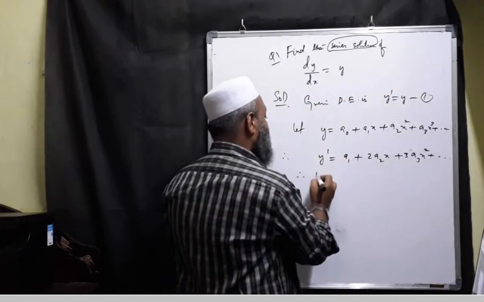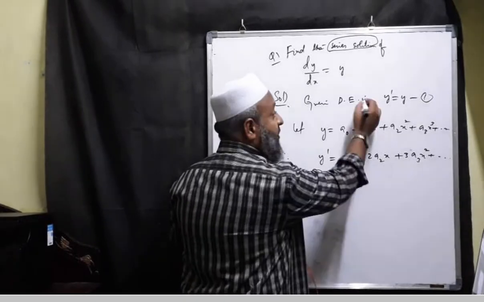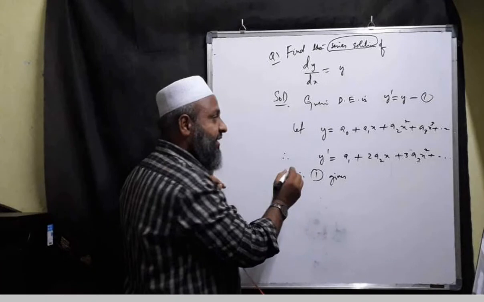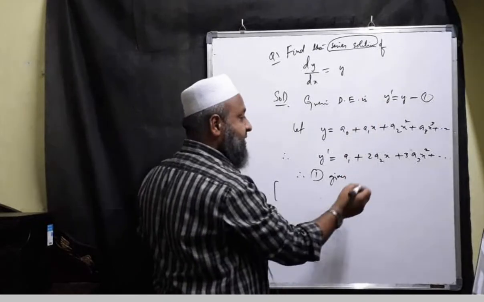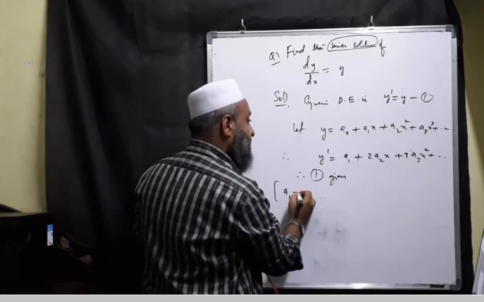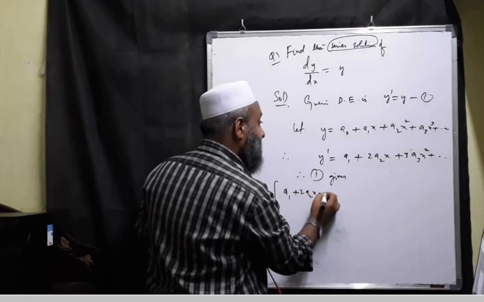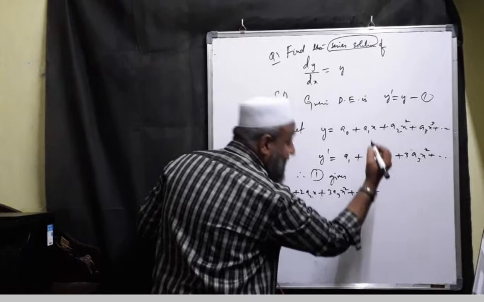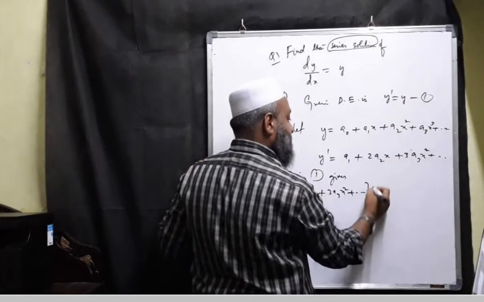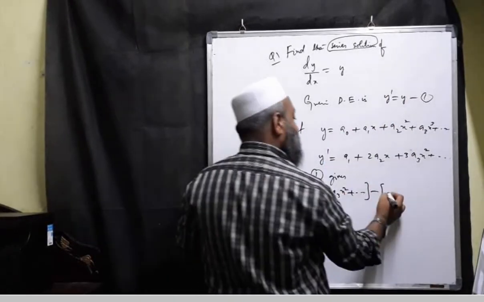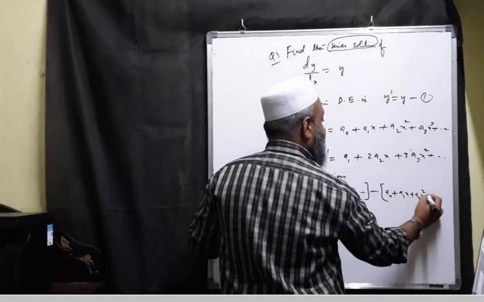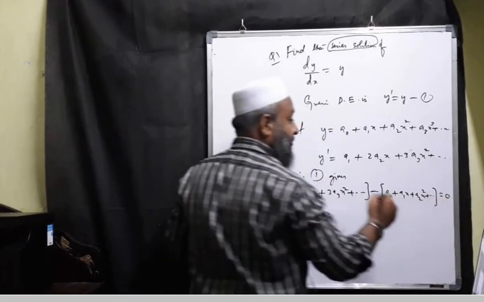Therefore equation number 1 gives, substituting the value of y dash and taking y to this side: a1 plus 2a2x plus 3a3x square plus so on, minus y equal to 0. So minus y is a0 plus a1x plus a2x square plus so on, equal to 0.